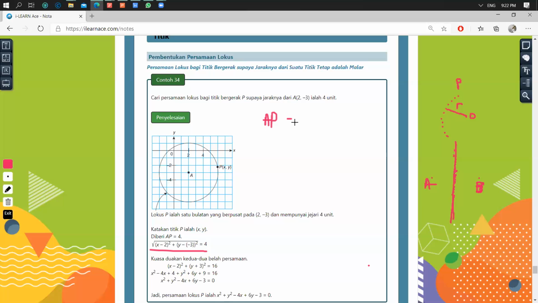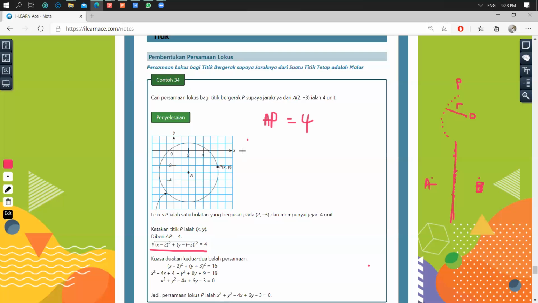AP is always 4. The distance between A and P is always 4. We don't say line because this P is moving. This one is just illustrating how the loci P looks like. But we're going to use here AP is always 4.